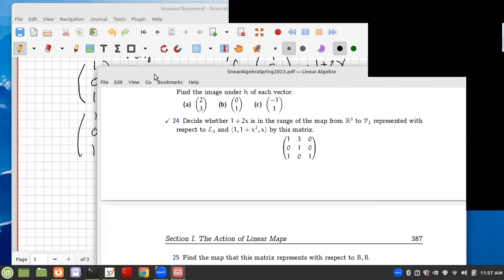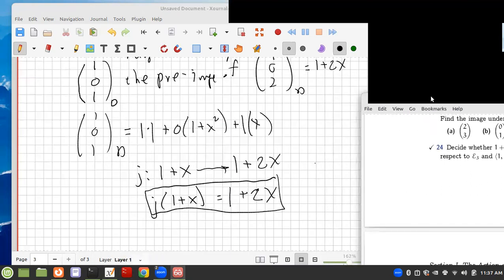So, Stephen, I know it takes time to get the big picture or get all the pieces together. Is there something that's bothering you, or some piece that's sort of dissonant? I guess if the map J says 1 plus x maps to 1 plus 2x.